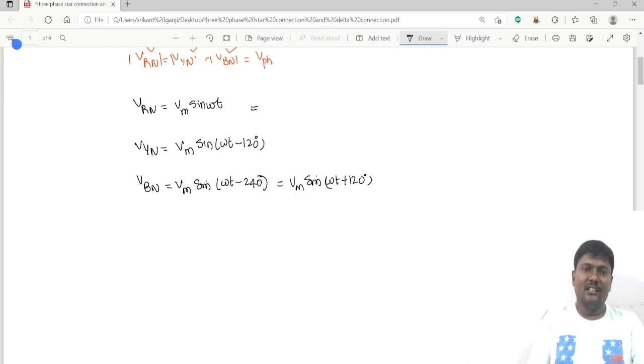And this I can write as Vmax at an angle of 0 degrees, or we can represent in terms of RMS value V at an angle of 0 degrees, and this is V at an angle of minus 120 degrees, and this one is V at an angle of plus 120 degrees. This is VRN, VYN, and this is VBN.